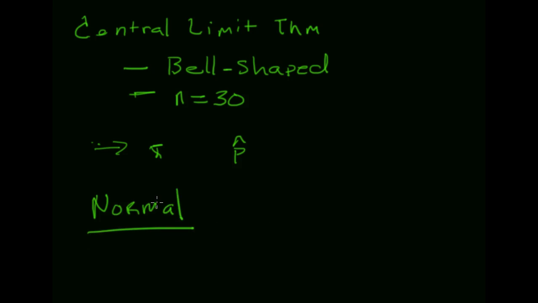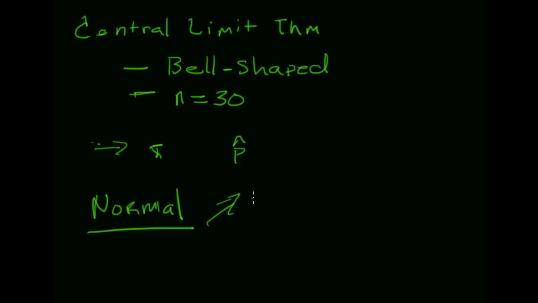Okay, so what are we saying here? If you take a bunch of samples of size 30 or more of any population, regardless of how the population is distributed, then the means of those samples, or the proportion of those samples that have a particular characteristic, will be themselves normally distributed.